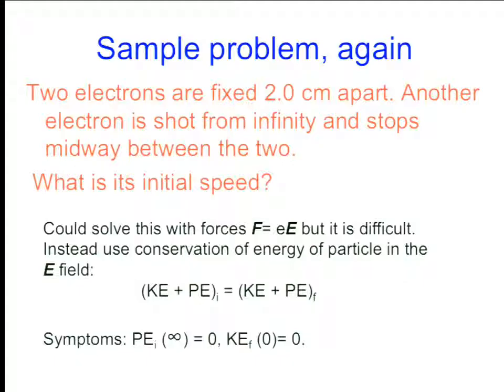Very hard to do. But with energy, it's not hard at all, because what you do is you say, I start out with a certain kinetic energy and a certain potential energy initially, and I end up with kinetic energy plus potential energy at the end, or I could say delta KE plus delta PE is 0.